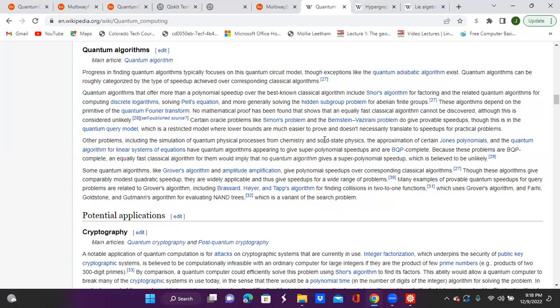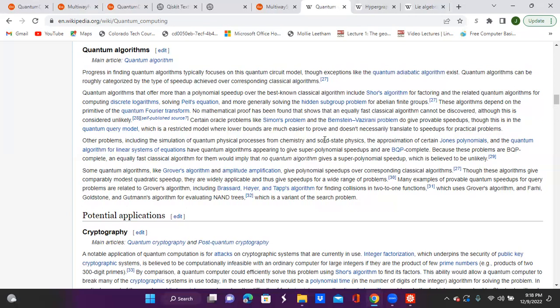Because these problems are BQP-complete, an equally fast classical algorithm for them would imply no quantum algorithm gives a super-polynomial speedup, which is believed to be unlikely. Some quantum algorithms, like Grover's algorithm and amplitude amplification, give polynomial speedups over corresponding classical algorithms.